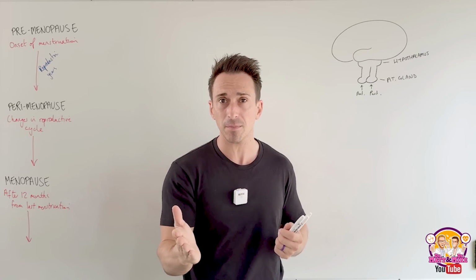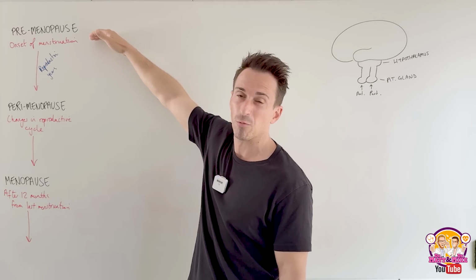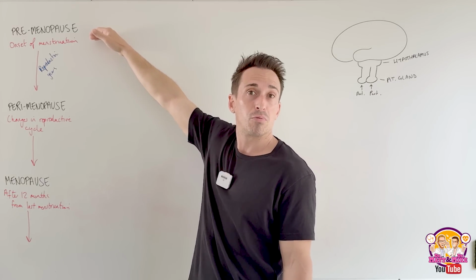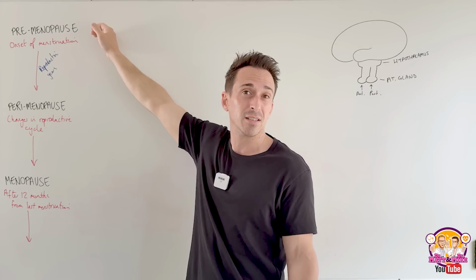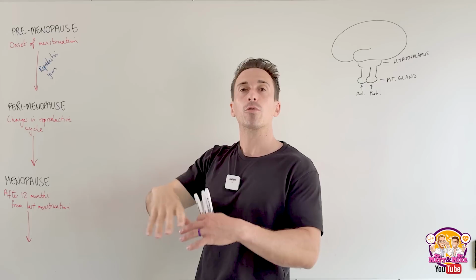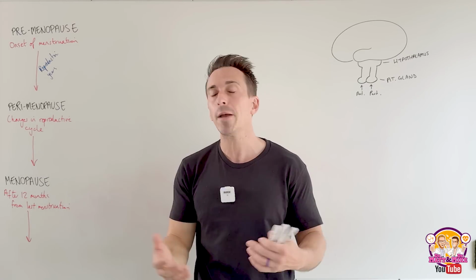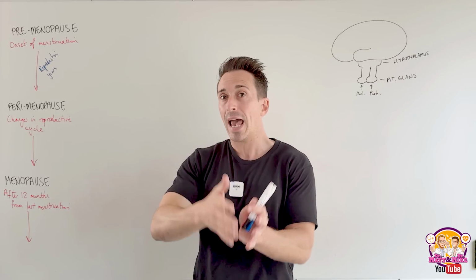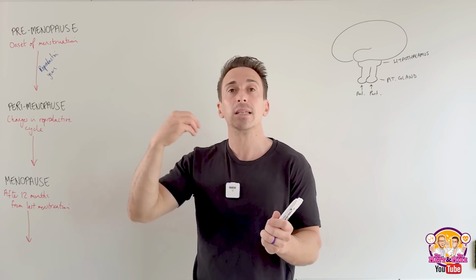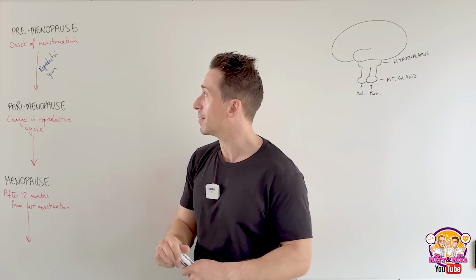But by the time they reach this premenopausal stage, around 12 years of age, they've probably got around 300,000 to 500,000. So they've lost millions of oocytes. How? Through atresia, simply the death of these oocytes. Why? We don't really know, but we know that as the years progress, oocytes continually die off and get broken down and reabsorbed back into the body.